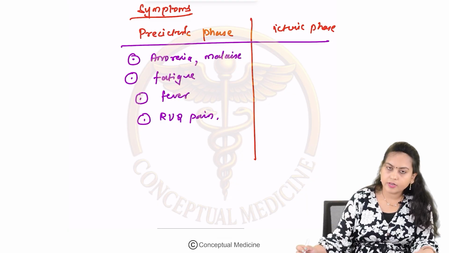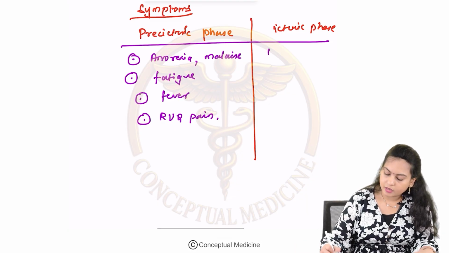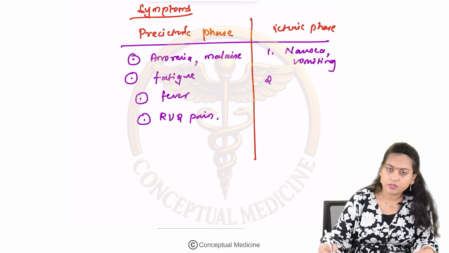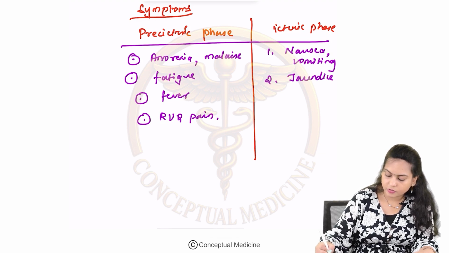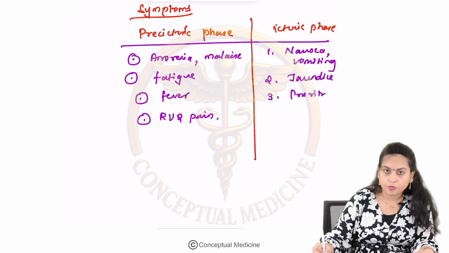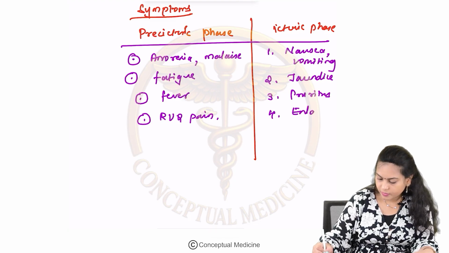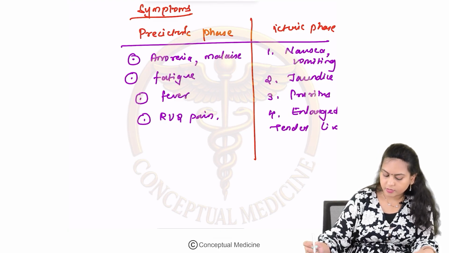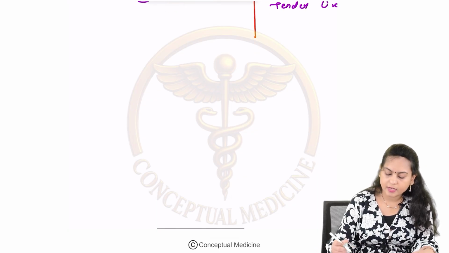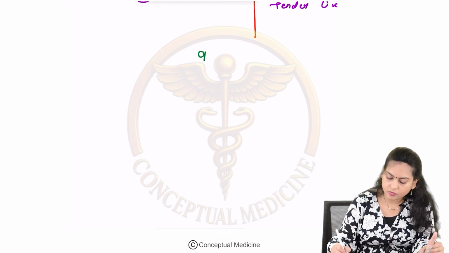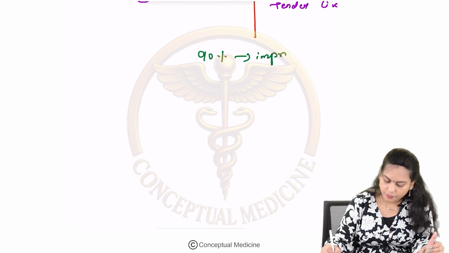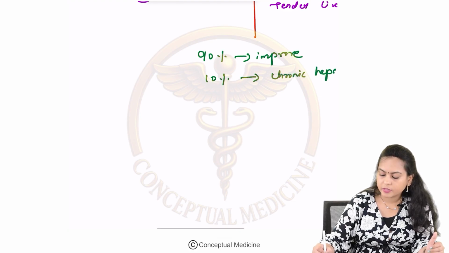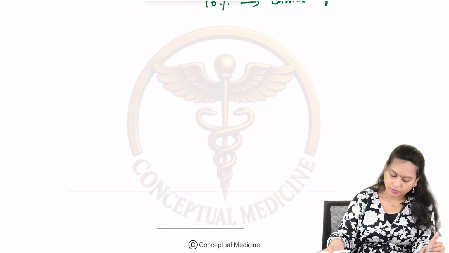In the icteric phase, she can present with nausea, vomiting, or icteric means jaundice. Then there can be pruritus, hepatomegaly, that is enlarged and tender liver. Even if all these symptoms are present, 90% of them can improve, and 10% will progress to chronic hepatitis.